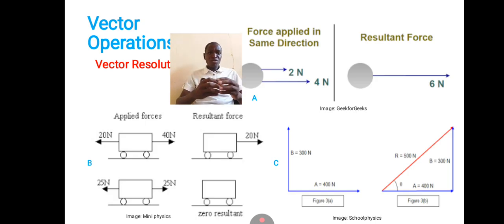If you want to resolve these forces, you use what we call Pythagoras theorem. You remember adjacent, opposite, hypotenuse? Good, okay. So you've remembered very well. So what does Pythagoras theorem say?